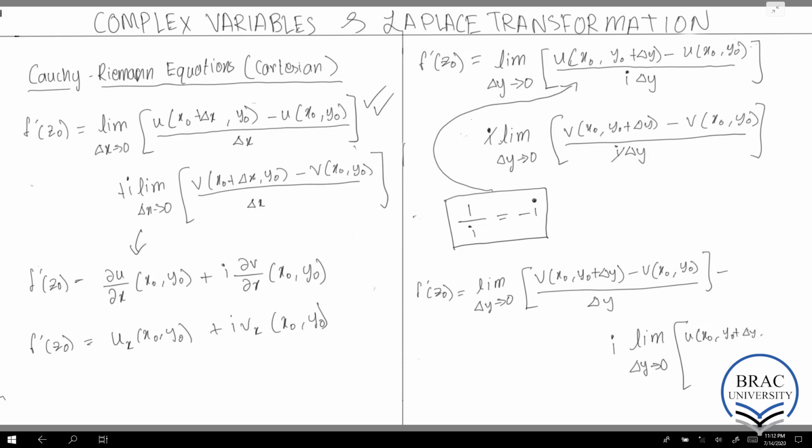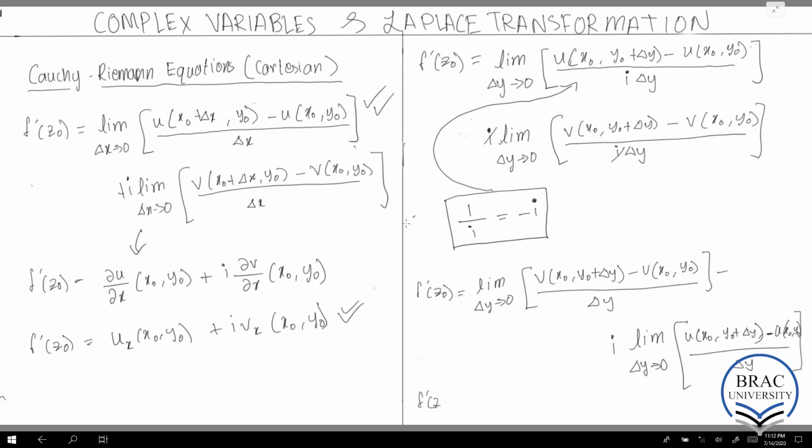minus U of (x naught, y naught) divided by delta Y, which, if you were to write it in this format, would break down like the following.